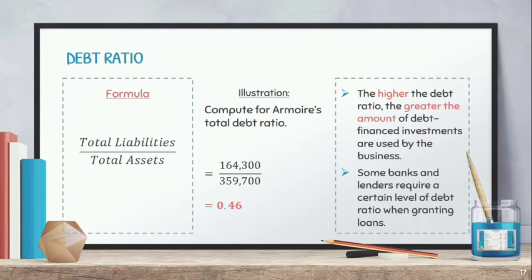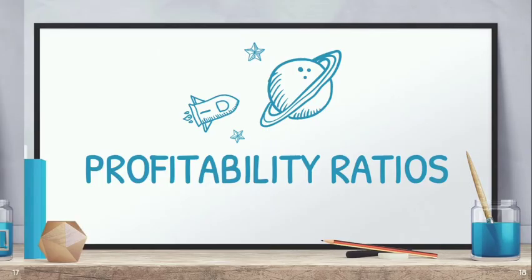Naa man gud silay threshold if unsa nga level of debt ratio ra ang ilang i-allow. So, in this case, ang debt ratio ni Armor is 0.46 or 46%. So, it means 46% of its assets are financed by outside creditors.